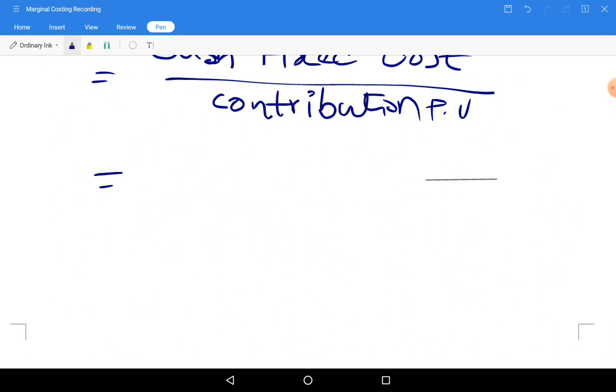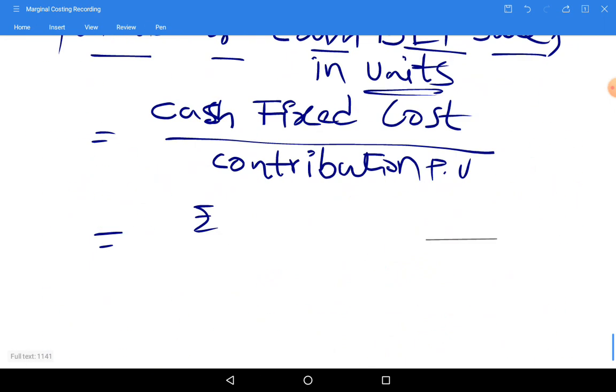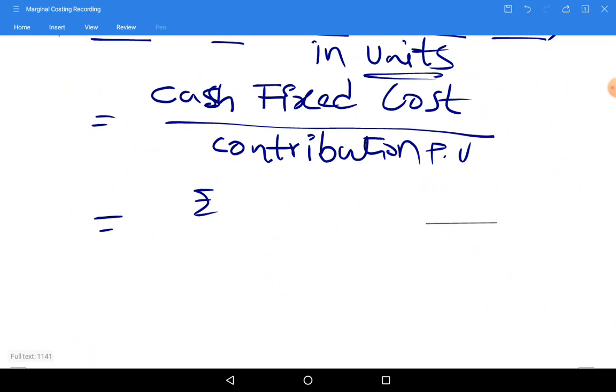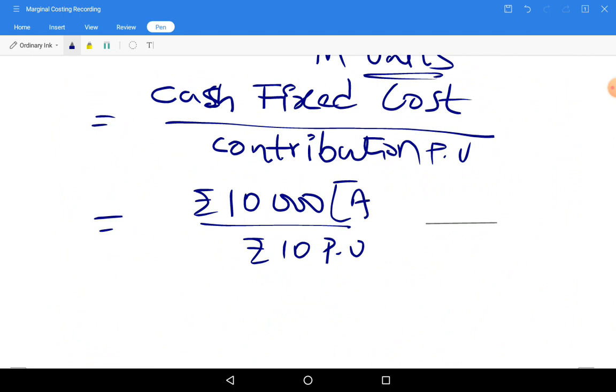So here cash fixed cost is rupees how much? Fixed cost administration 10,000 divided by rupees 10 per unit. This is administration expenses only. Please remember, admin expenses.